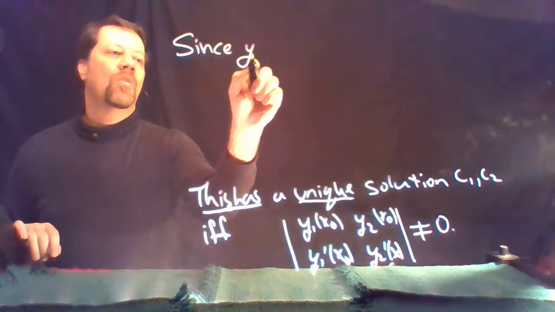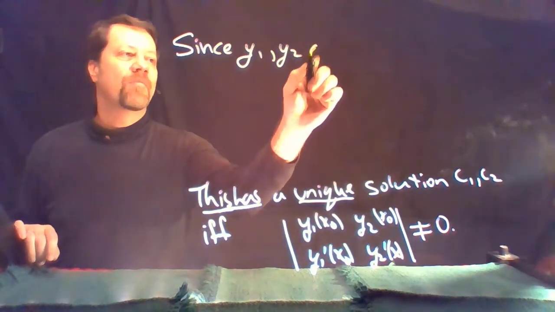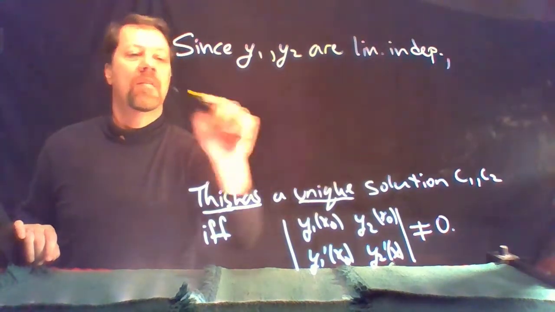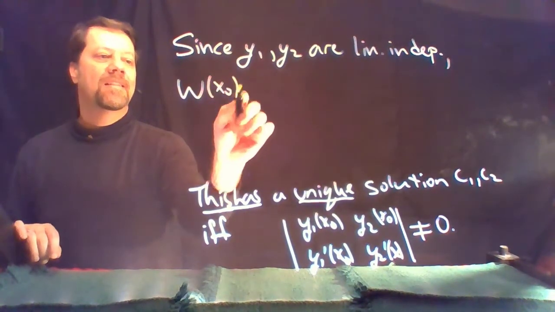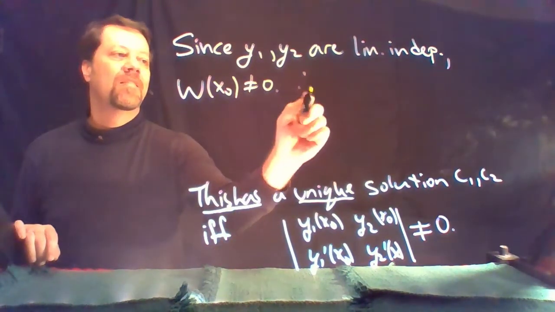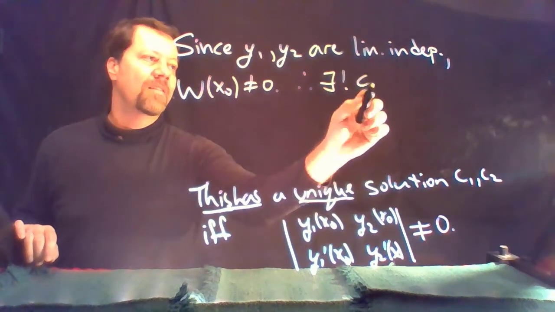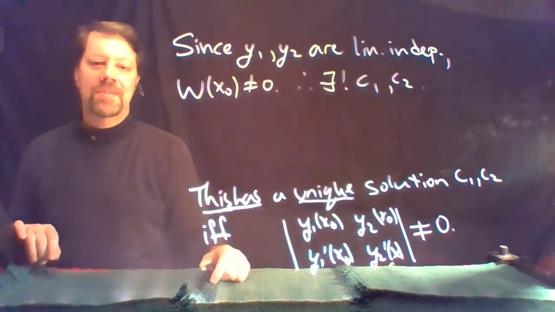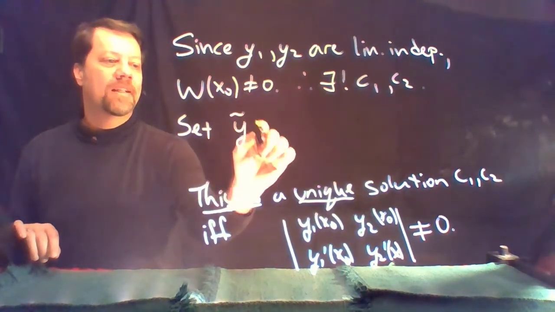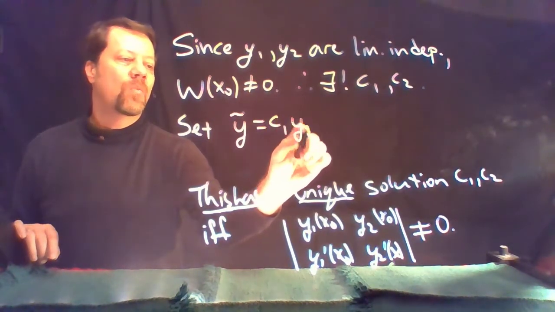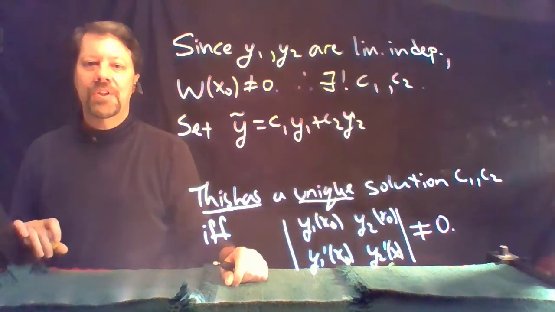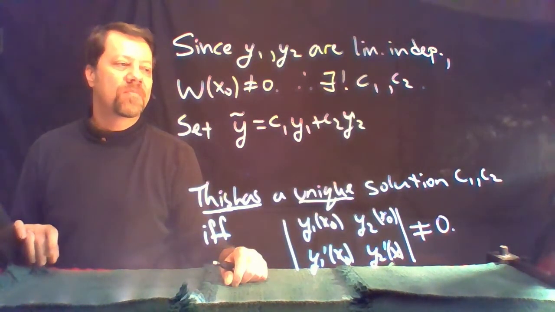Since y1 and y2 are assumed to be linearly independent, the Wronskian at x naught is not 0. Therefore, we get a unique C1 and C2 that solve the system. We're going to set y tilde to be C1 y1 plus C2 y2 for these solutions C1 and C2 to that system.